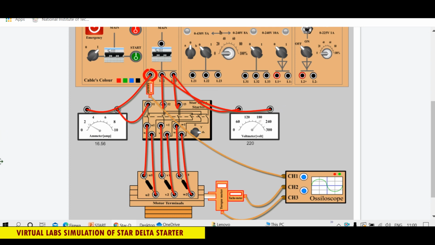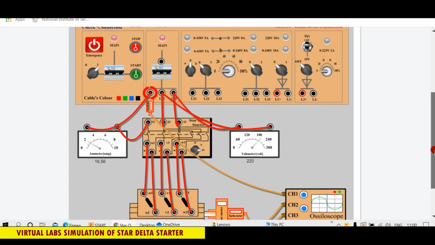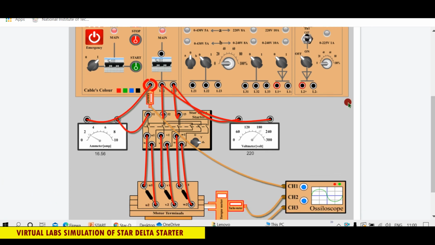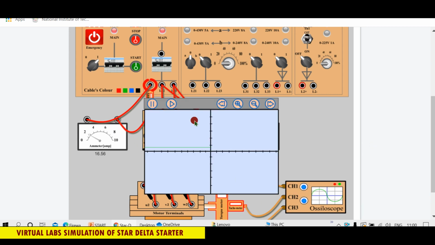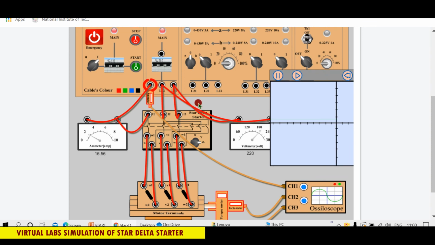Guys, so this was the star delta starter. You can connect the circuit diagram for yourself, check out the readings, and you can see the graph. Whenever you move this, the graph will be shown in star. You can see less voltage is applied, 127 volt.